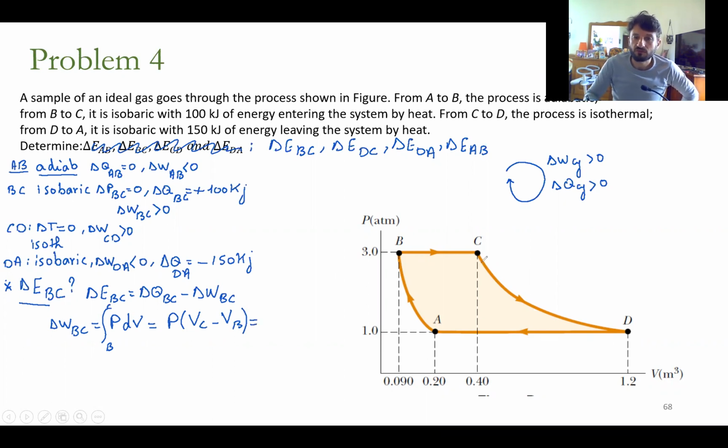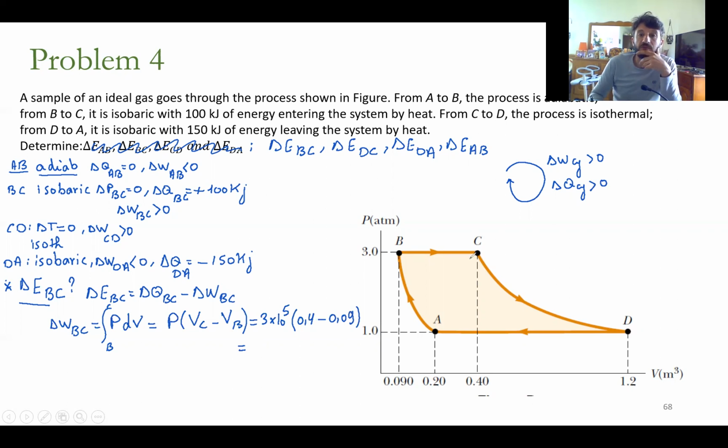P equals 3 times 10^5 Pascal, VC equals 0.4 minus VB equals 0.09, in m³.